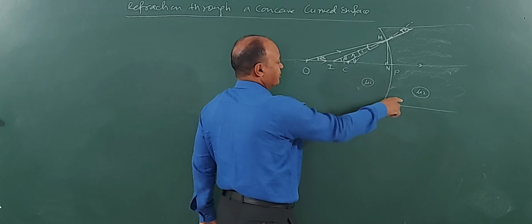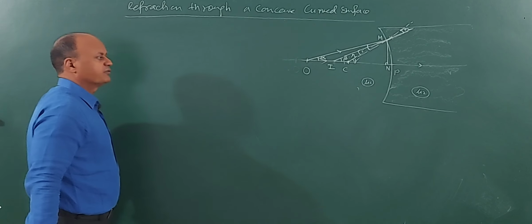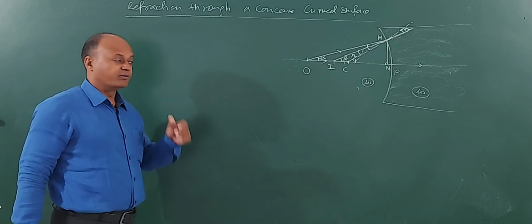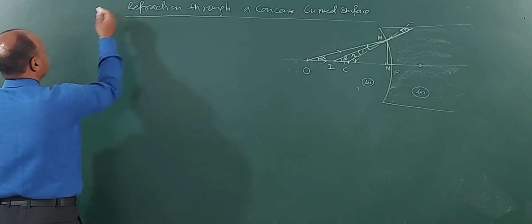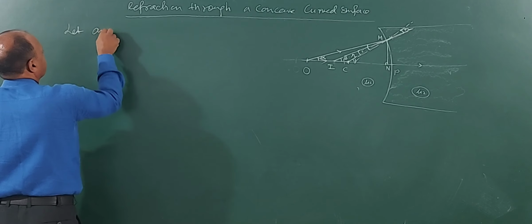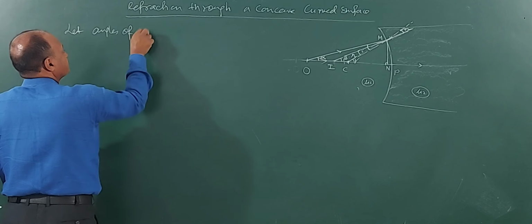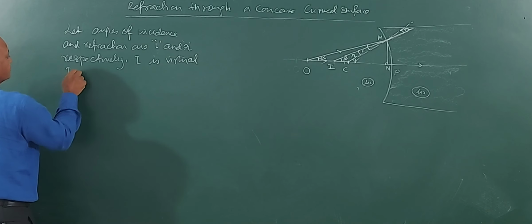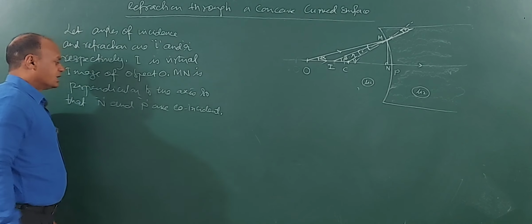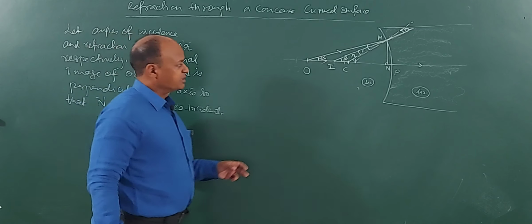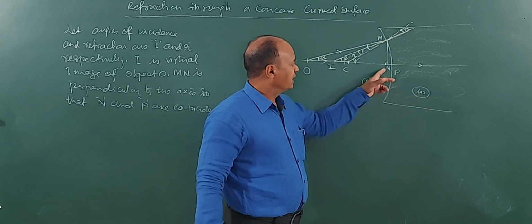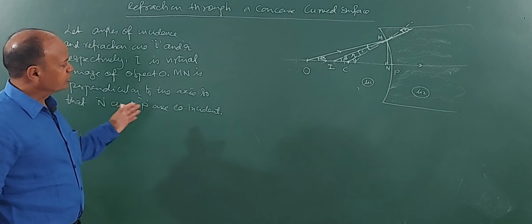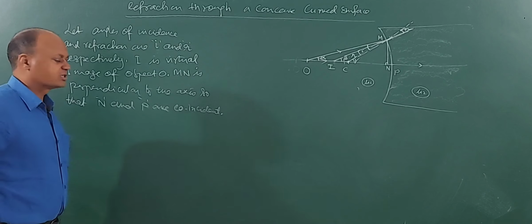The refractive index of the surrounding medium is mu1, and that of the refracting medium is mu2, and obviously mu2 is more than mu1. Let the image be virtual. Now MN is perpendicular to the axis, where M and N are very close, almost coincident. Using these assumptions, I am going to use Snell's law.